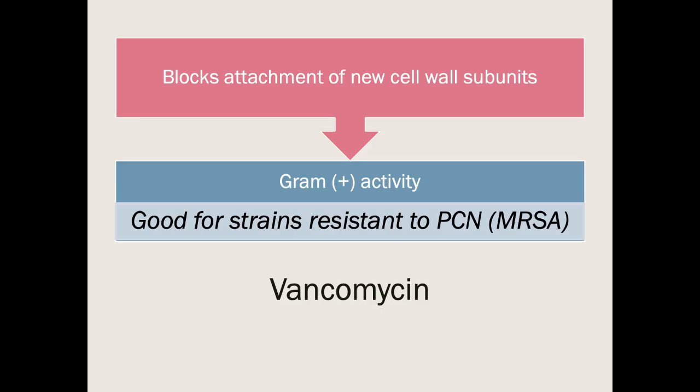So we're breaking up the cell wall, going after the cell wall here. Vancomycin is used for gram-positive bacteria and is typically the first-line antibiotic for MRSA, methicillin-resistant Staphylococcus aureus. So this is essentially a penicillin-resistant bacterial infection.